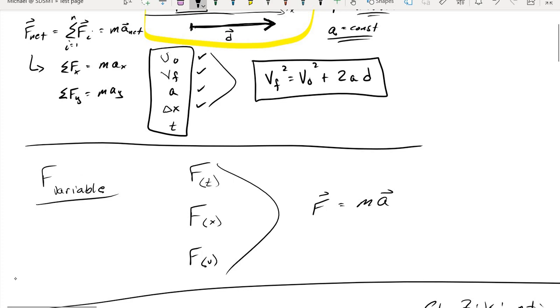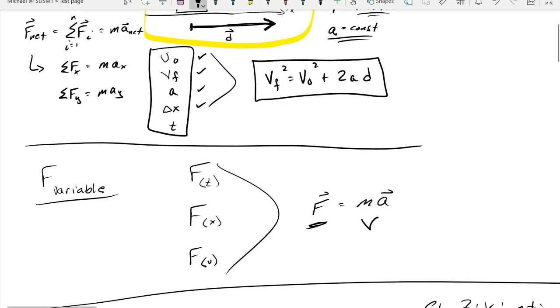And it's reasonable to say that a force could vary with respect to time, but we could also say that a force could be measured as changing with respect to position or even velocity. There's a lot of different ways that we can measure changing rates in systems. But regardless of how the force is changing, if the force is variable, then something over on the other side of the equation also has to be variable.